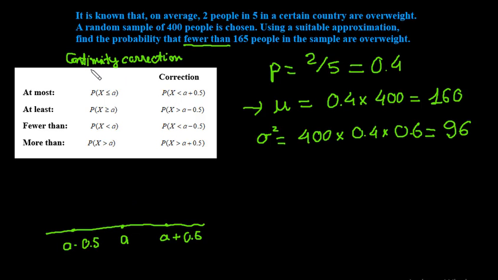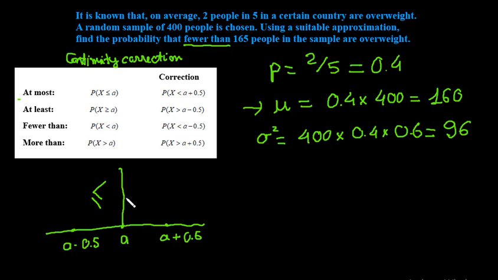Now let me draw a graph to illustrate that. Looking at the continuity correction table, we will work out every single term in here. First, I want to talk about the words at most. When you have at most, it means that x is smaller than or equal to a. So I have the corrections here.